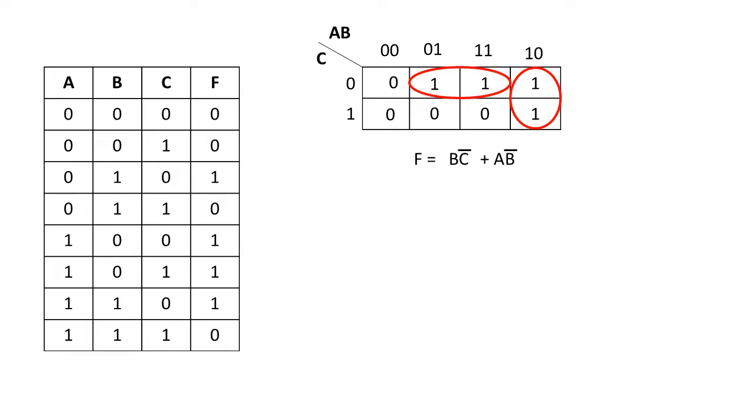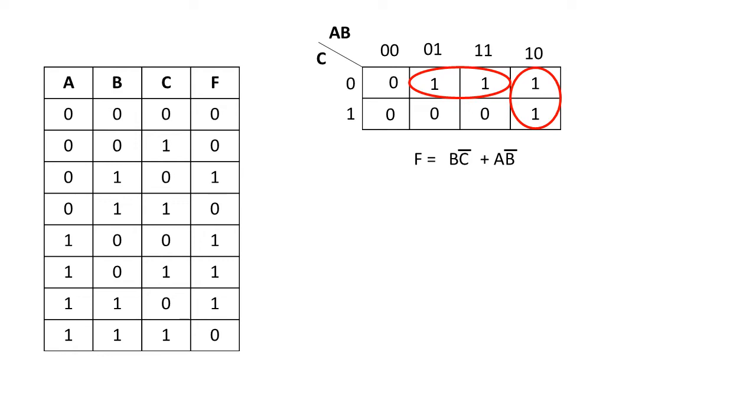The 2 fields which have been selected fall under AB where the value of AB is 1 and 0. And if you observe the value of C, that is changing. For the first row the value of C is 0, and for the next row the value of C is 1. So C should not be taken.